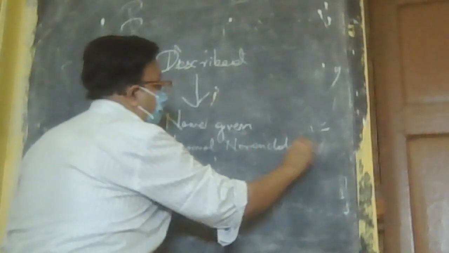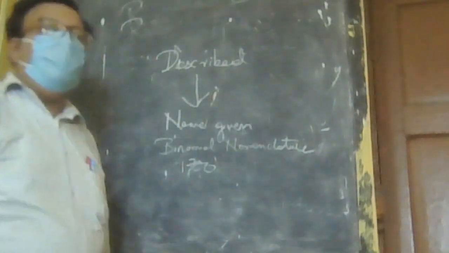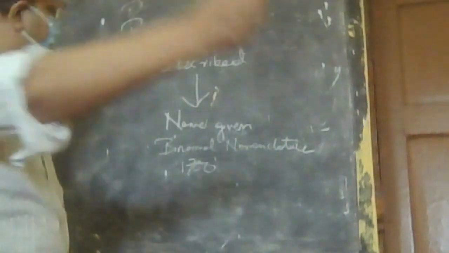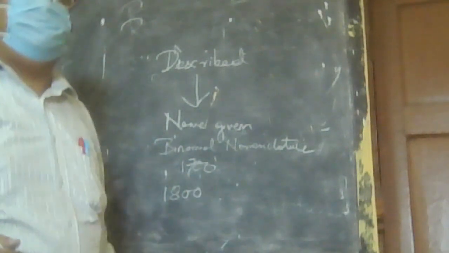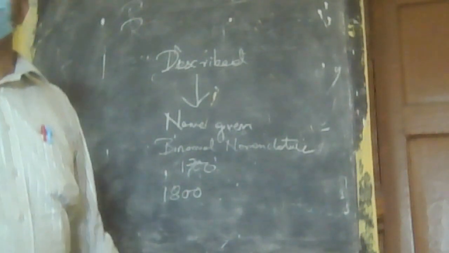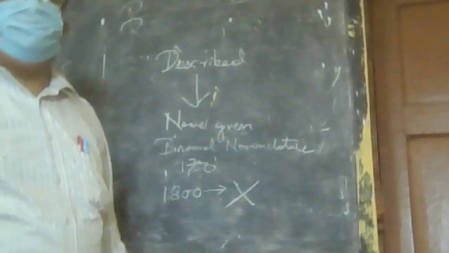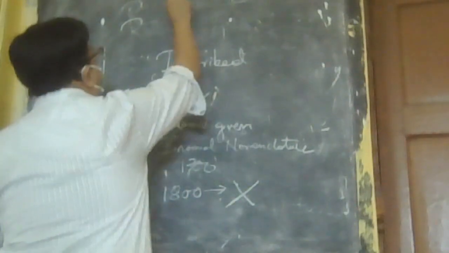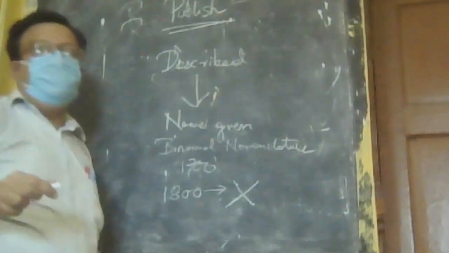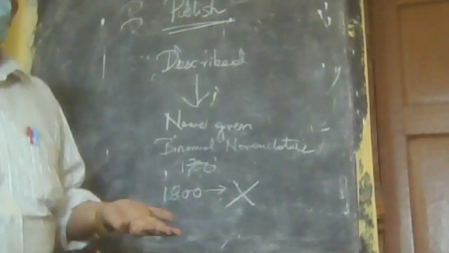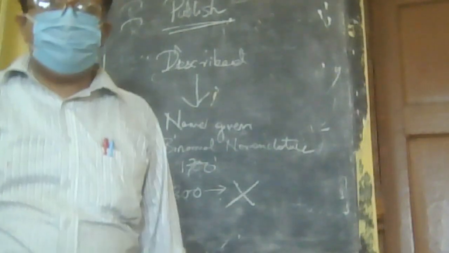Here, a name may be given in 1700. Now another person describes the same animal in 1800, and it will not be accepted. How do they describe? They essentially publish it in a journal. There is a way how to publish and how you have to give the name, and it is by the principle of binomial nomenclature.